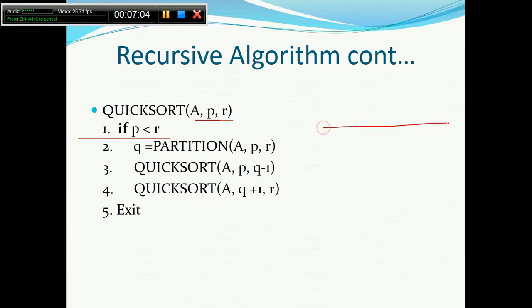Given this array, we have P here, we have R here. Suppose I got a Q here, this position. So the remaining arrays would be P to Q minus 1, because the element at Q, the pivot, is at the correct place, and then Q plus 1 to R. That is the second half.